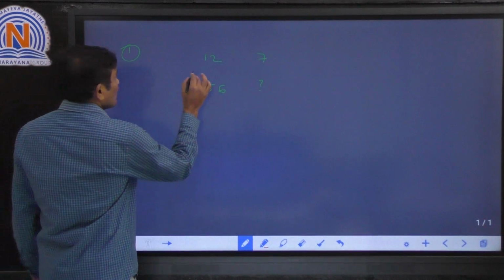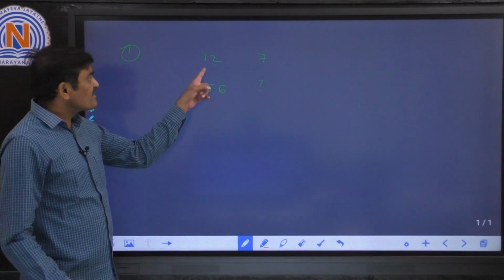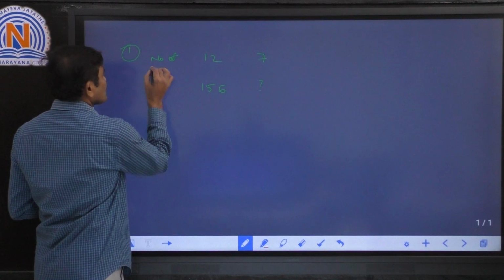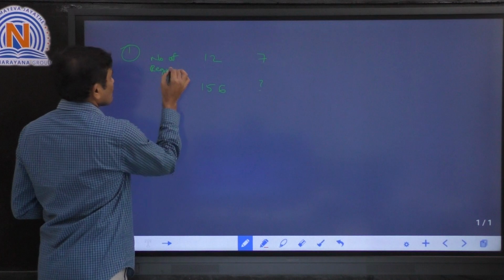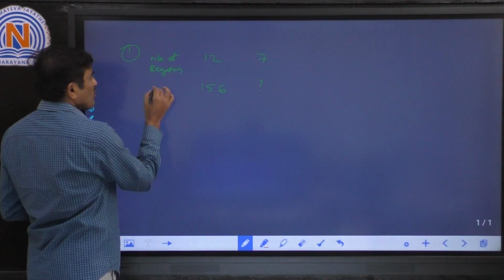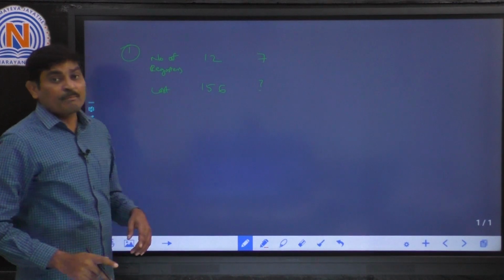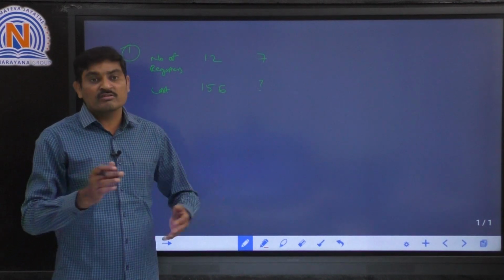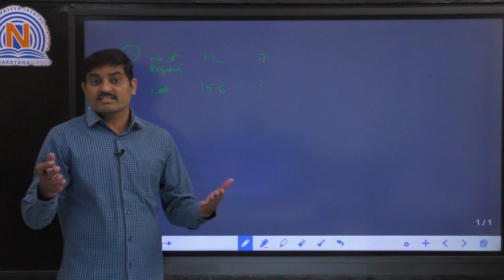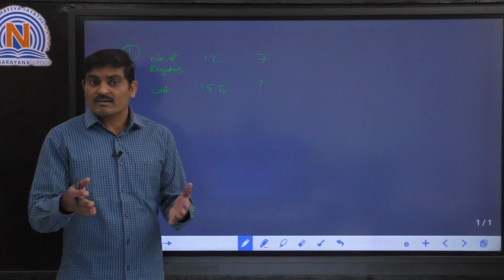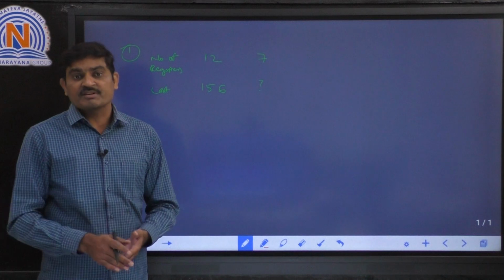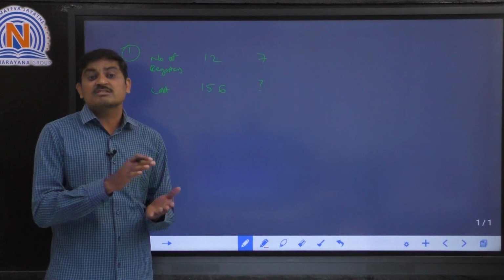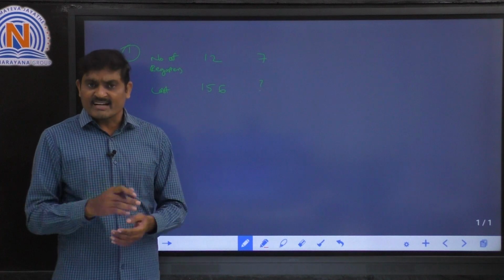Here we have the number of registers and the cost. When the number of registers is decreased, then the cost also decreases. For example, 12 registers cost 156, so one register will be 156 by 12. So the number of registers and cost are in direct variation.